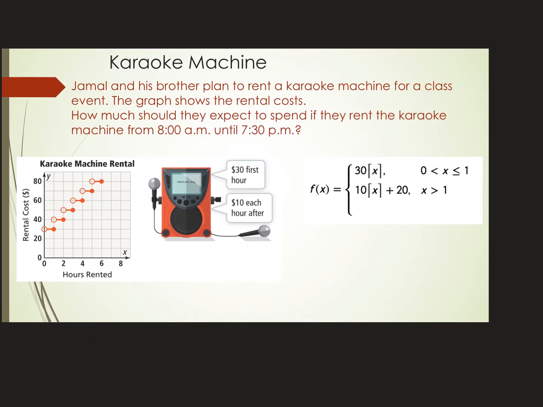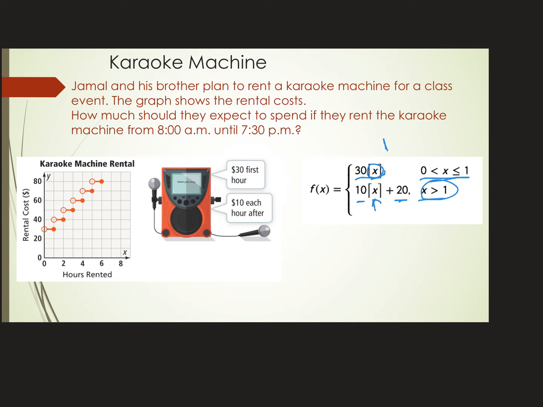You can see that for less than an hour, it's going to be 30 times ceiling of x. So x is going to be at least 1. Anytime x is greater than 1, we're going to round it up to the next whole number. That's what our ceiling function is. And then multiply it times 10 and add 20.